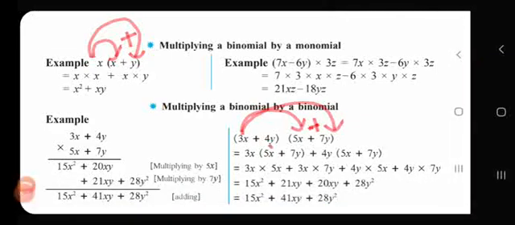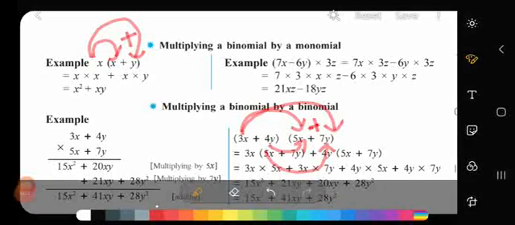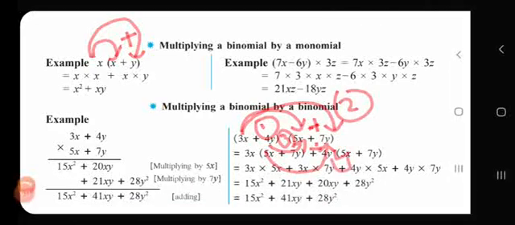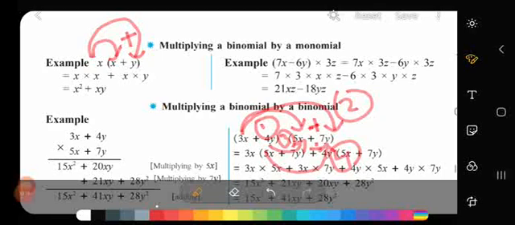Then by the second term of the first binomial, multiply the first term of the second binomial, and then by the second term of the first binomial, the second term of the second binomial. Here also is addition. So this is the first step, second step, third step and fourth step. In this way multiplying a binomial by a binomial is done.